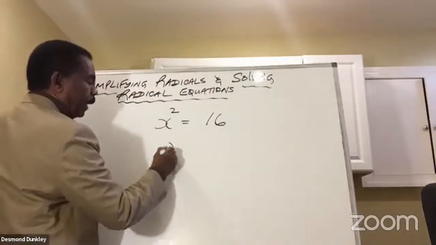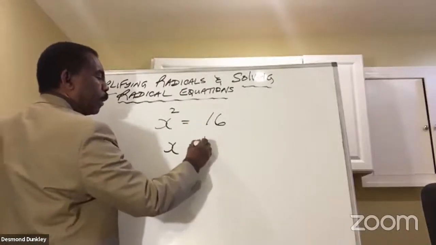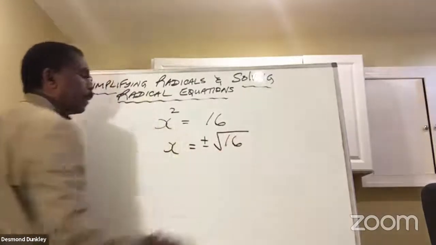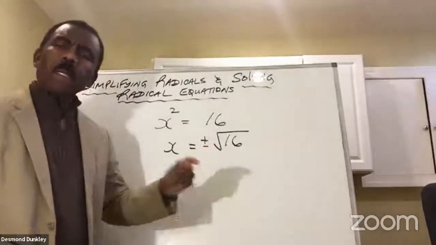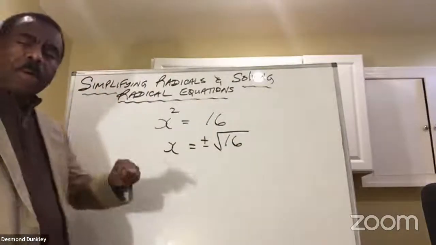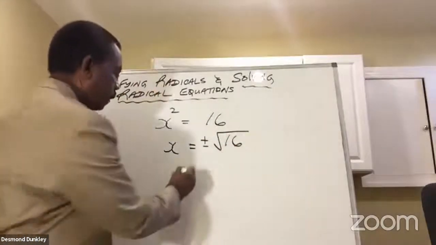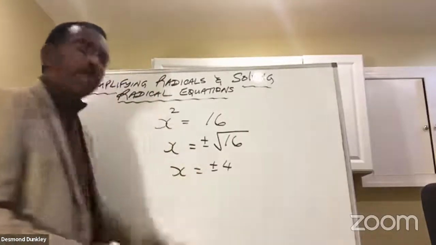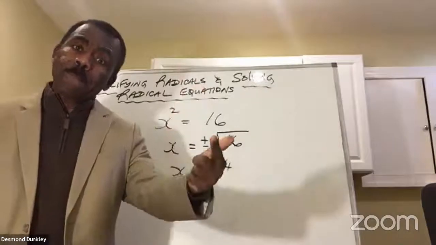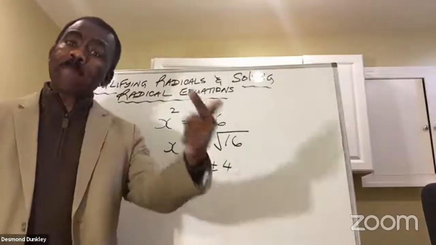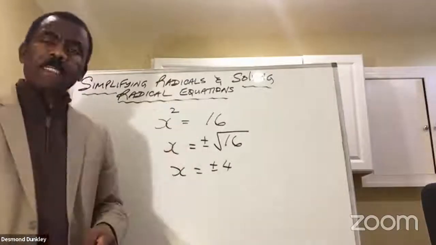That's where we end up with x = ±√16. It is plus as well as minus, the two signs, because remember, negative 4 times negative 4 will give you 16, and positive 4 times positive 4 will also give you 16.